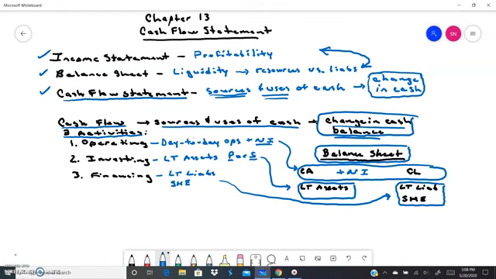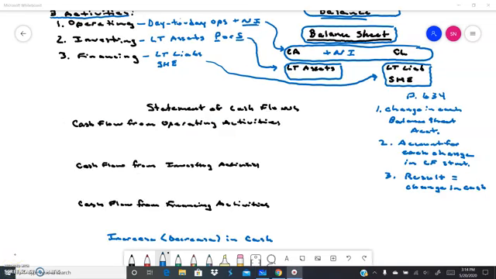Okay, so let's come back. I'm going to just lay out the format. All right, so how are we going to put together our cash flow statement? What I've done is given you a format for what it's going to look like. So we're going to have a statement of cash flows, and then we're going to organize it as I mentioned.